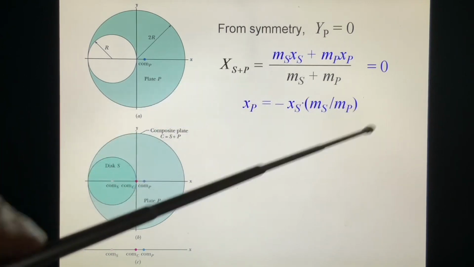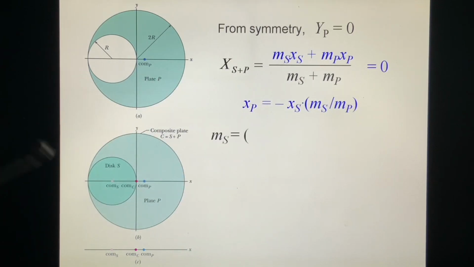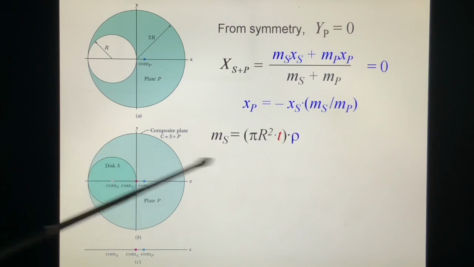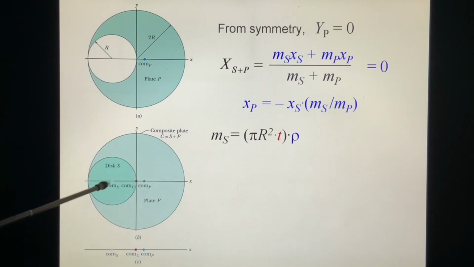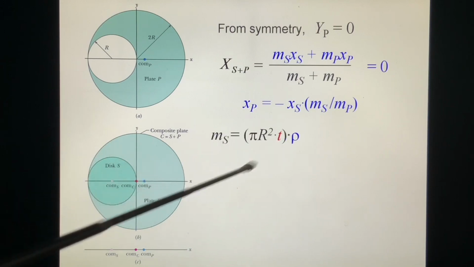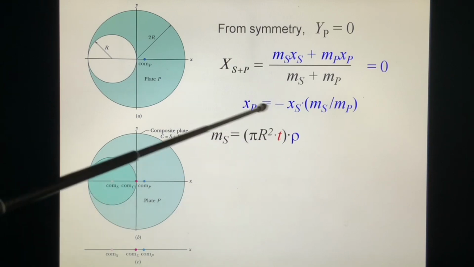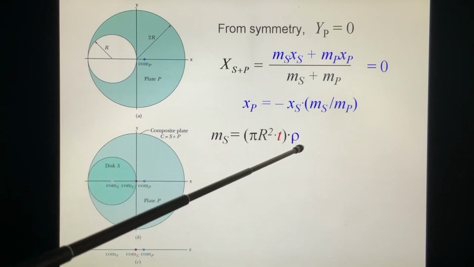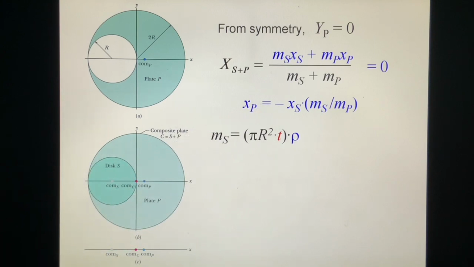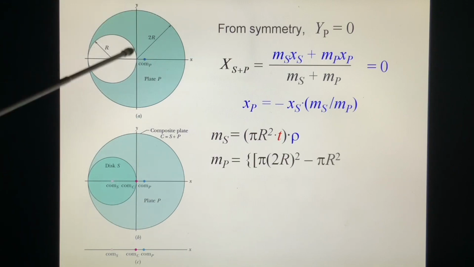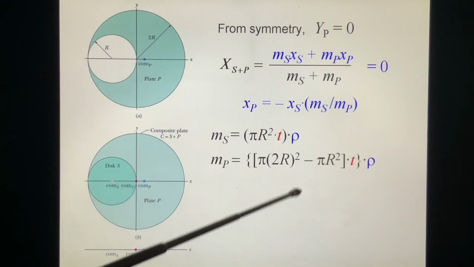Let me write all these out. m_S is the area, pi R squared, multiplied by the thickness t; this is the volume, and volume multiplied by density is the mass. And m_P is two pieces, the big one minus the smaller one. The big one is pi (2R) squared, the small one is pi R squared.